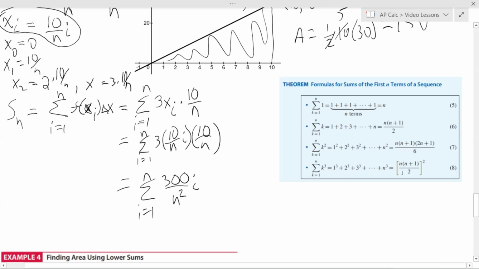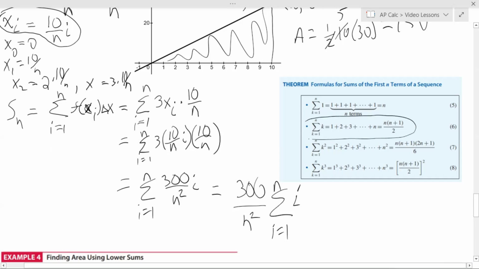Okay, so using the properties of summation, in here the index of summation is i, and n is the number of rectangles. So we can think of n as being a constant. So we could factor out the 300 over n squared times the sum formula for i, which is the same as this sum formula here.